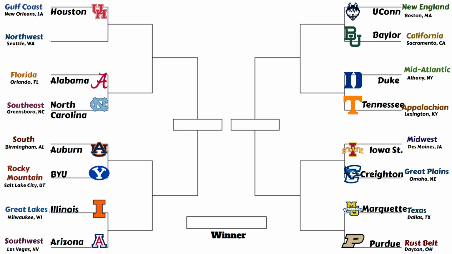And we have the Baylor Bears out in the California region. And the last number one seed, based on net rankings, is going to be St. Mary's. St. Mary's is going to then be hosting the Northwest region in Seattle. So this is a picture of what our number one seeds are in each region.